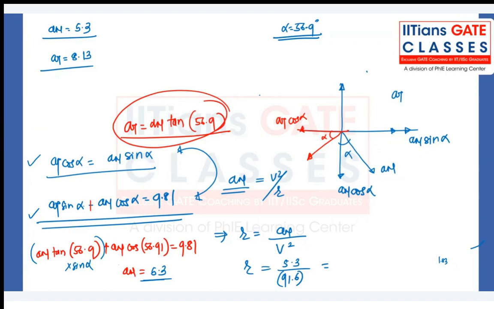Sir, it should be here AN 10 56.9 into sin alpha. Yeah, I have written it right. Okay, sir. How much is the final answer? Just do this division and write the answer then, if you are not telling me.